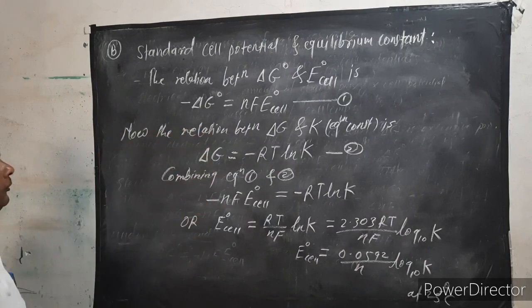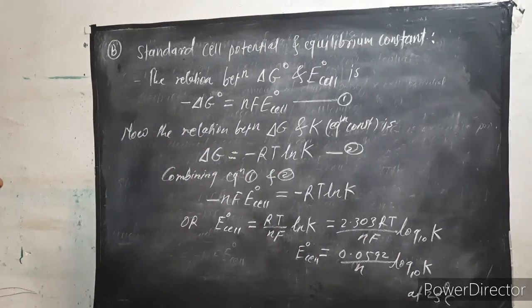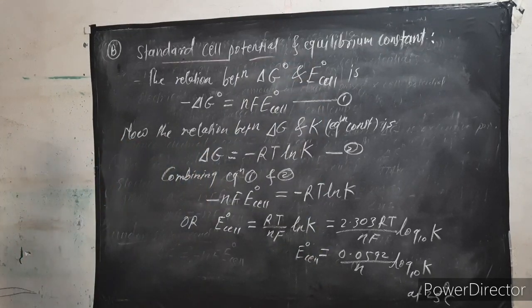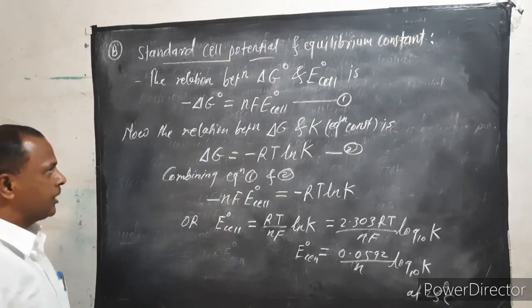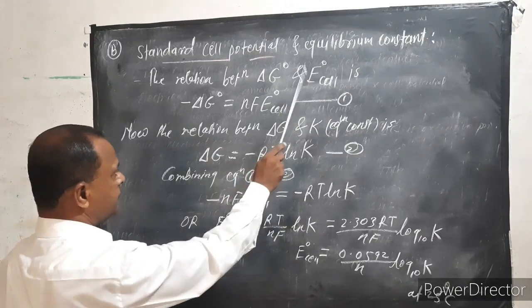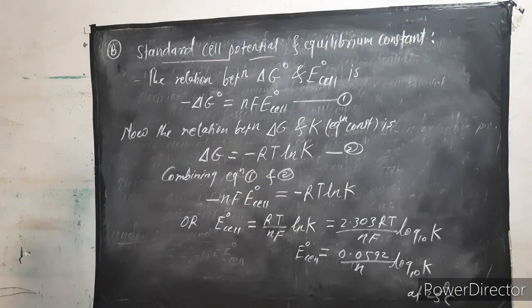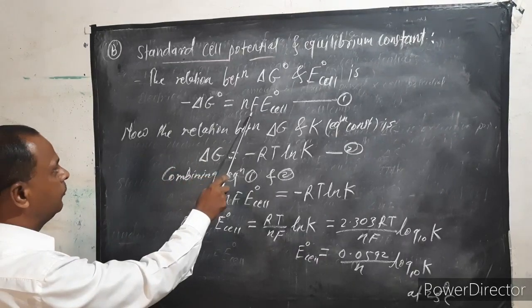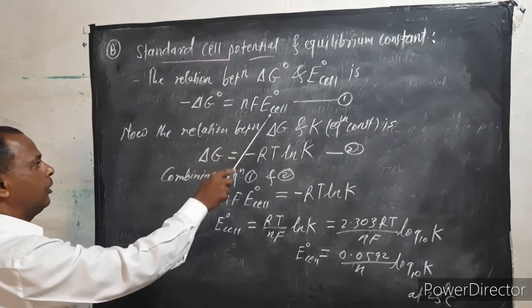Now we are going to learn standard cell potential and equilibrium constant. We know that the relationship between the standard change in Gibbs energy of a galvanic cell and the standard electrode potential is given by minus delta G naught equal to n F E naught cell.